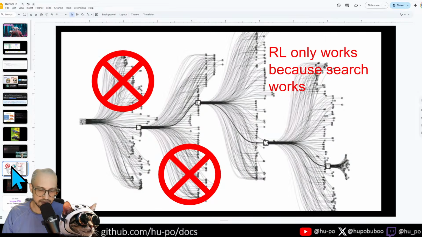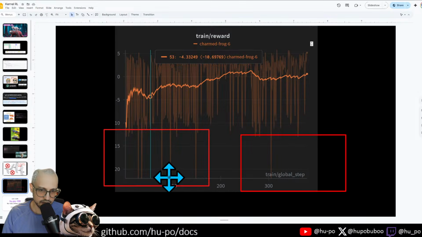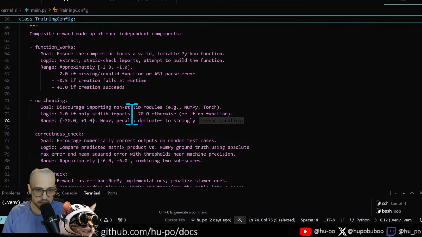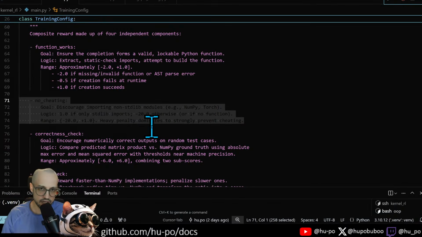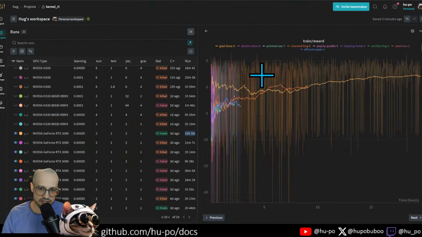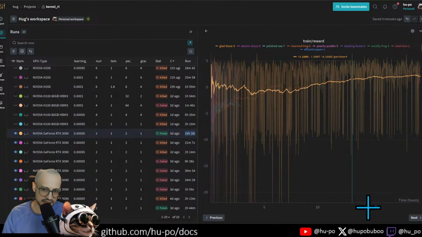So you're giving it a very large negative reward for doing some kind of cheating. In this case, maybe it imports NumPy and then uses the NumPy matrix multiply. You're giving it that big negative reward. And then all it's doing is just not cheating. And if you just don't cheat and avoid that big negative reward, then your average reward is going up, right?